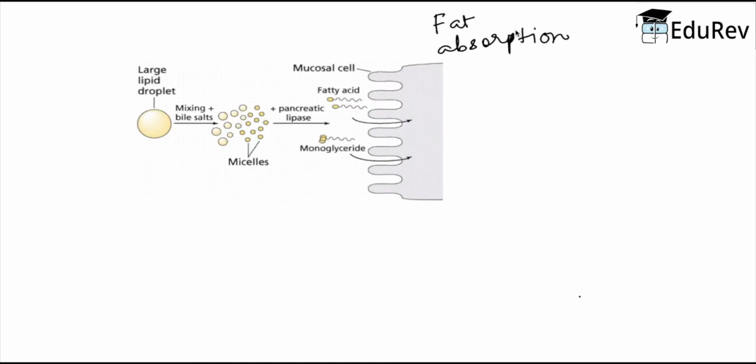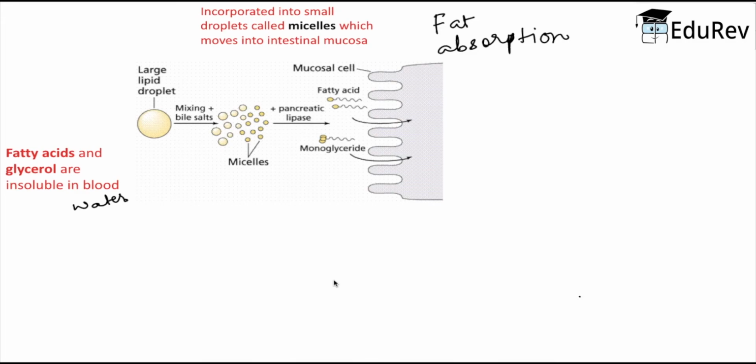Now we are beginning with fat absorption. Unlike carbohydrates and proteins, fats and glycerol are insoluble in blood and water, which means they cannot be absorbed directly by the intestinal walls. So for them to get absorbed completely, they first get mixed with bile salts and lipases.